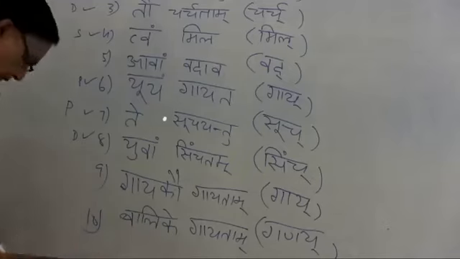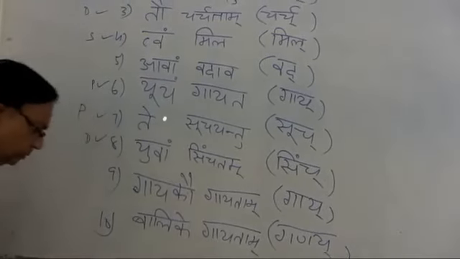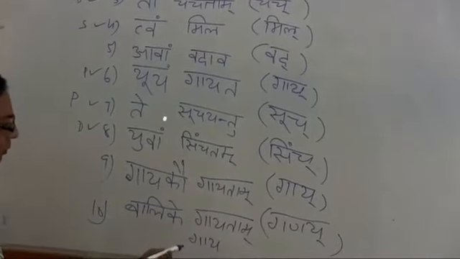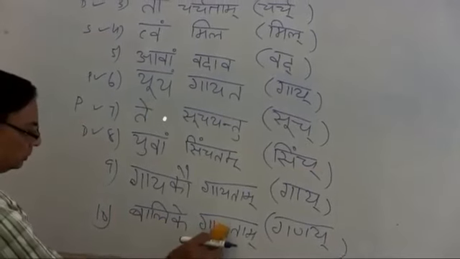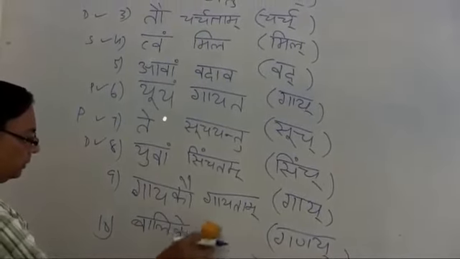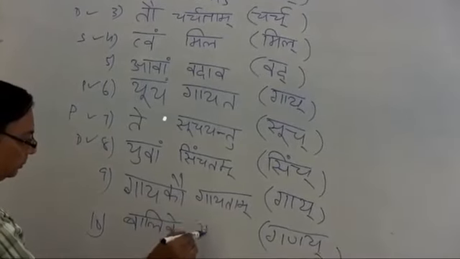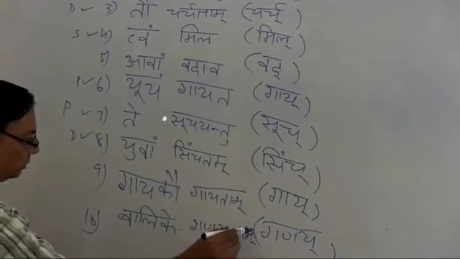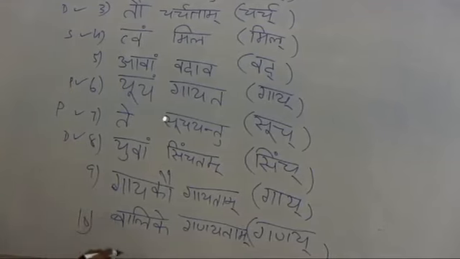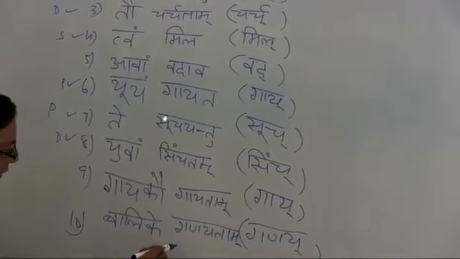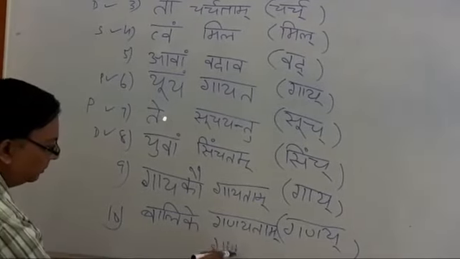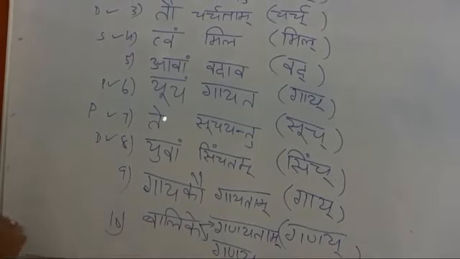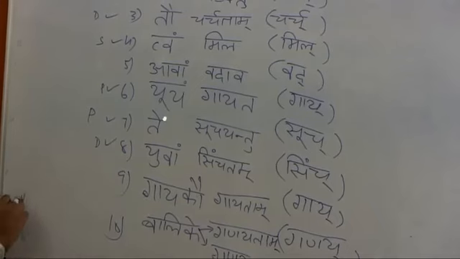Supposing you take balike as a vocative word. Hey balike, oh girl, you sing. Then the verb will be ganaya. No, the verb I have written mistakenly. Balike ganayatam, if it is taken as two girls. If it is taken as a vocative word, oh girl, then you take it as ganaya. So this can be derived in these two ways.